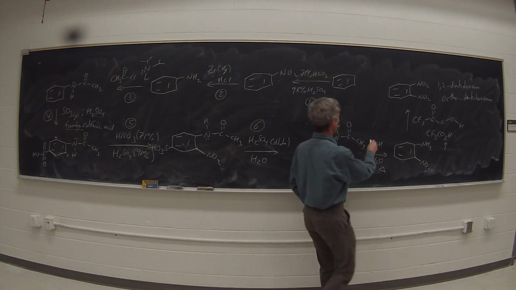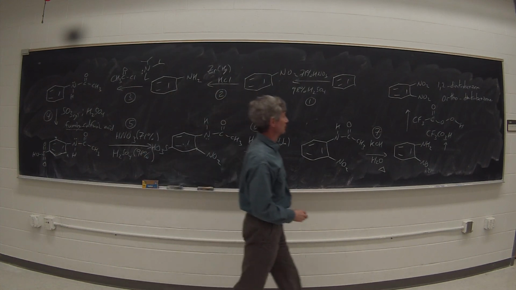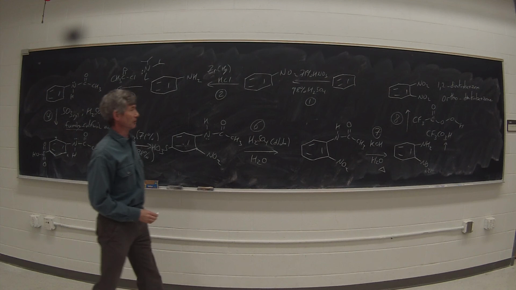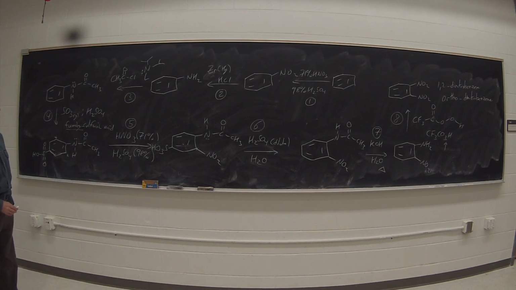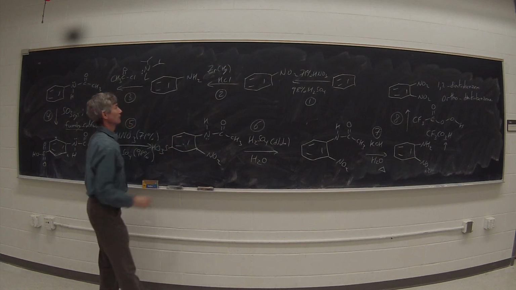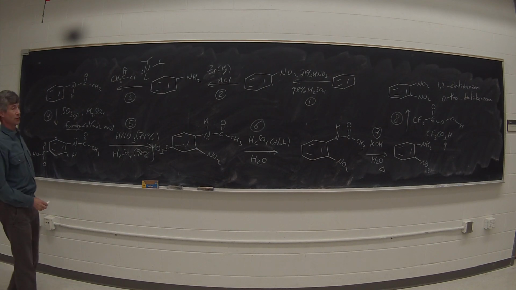Step 7, base catalyzed hydrolysis of the amide. And then step 8, oxidizing the NH2 group back up to the NO2 group. I skipped this step when I was counting before. I forgot about that step, which is why I had said 7 steps before, but it's actually 8. 4 of which are protection and deprotection.